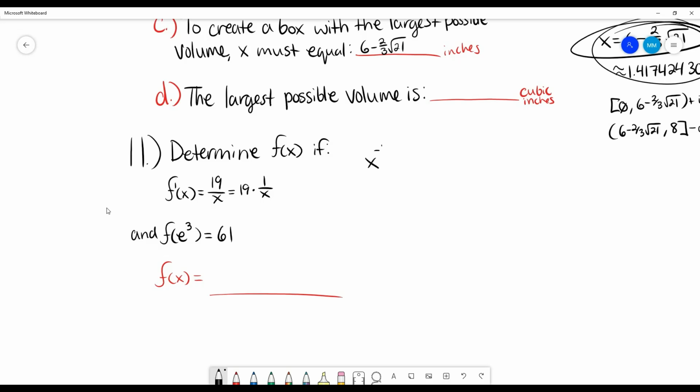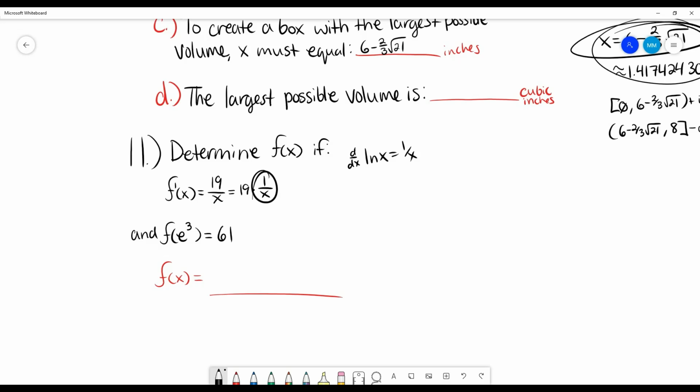And for 1 over x, you can't use the power rule for that because going backwards would get you an x to the power of 0, which doesn't make sense because the derivative of x to the power of 0 is a constant and would not end up like this. Instead, we just have to remember that the derivative of natural log of x is 1 over x.